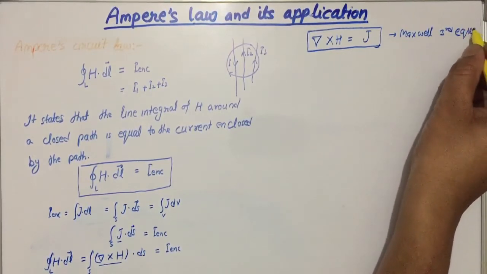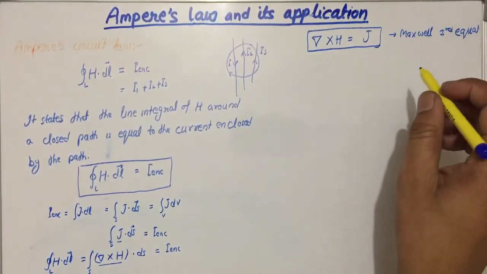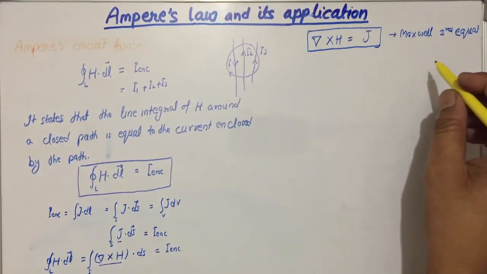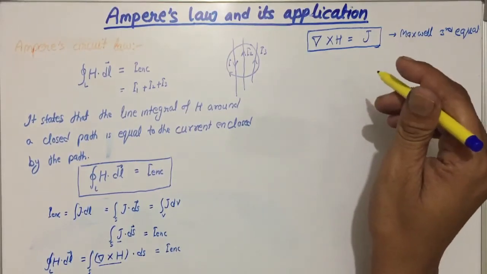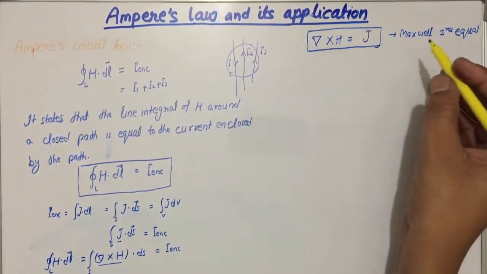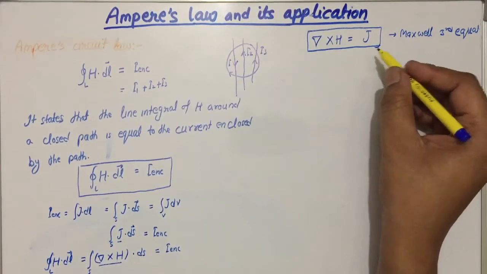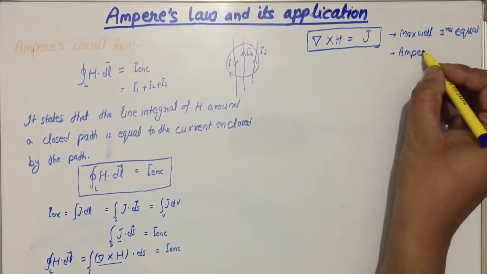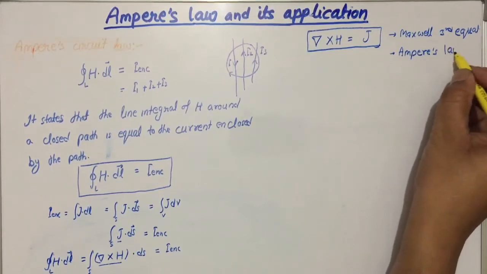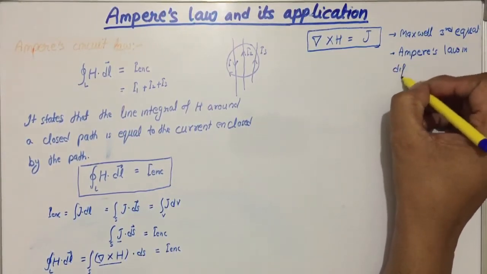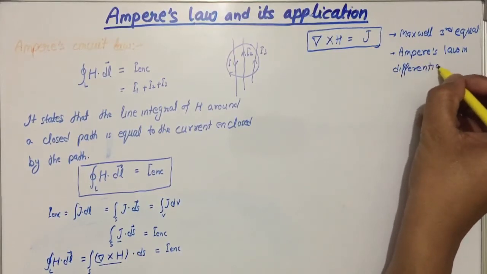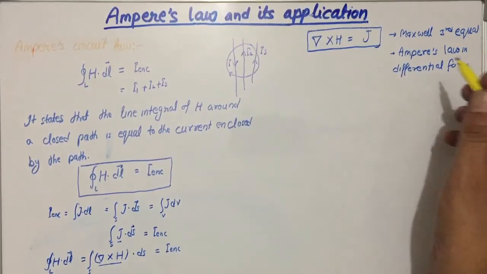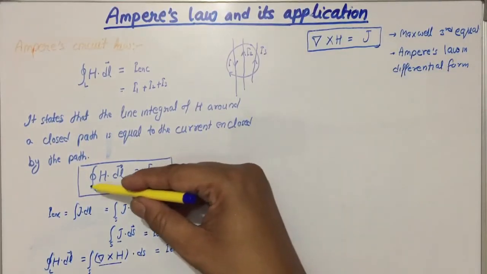It is derived by Maxwell, so it is named Maxwell's third equation, and it is in differential form. So we can say this is Ampere's law in differential form, and we have this other equation, which is in integral form.